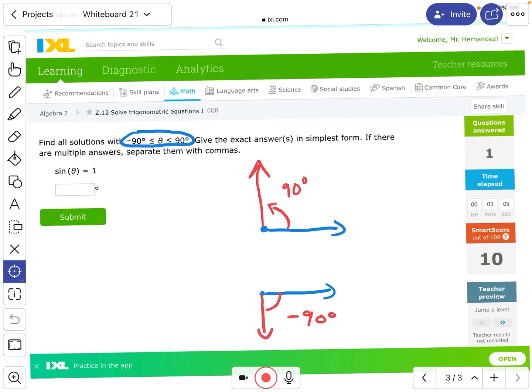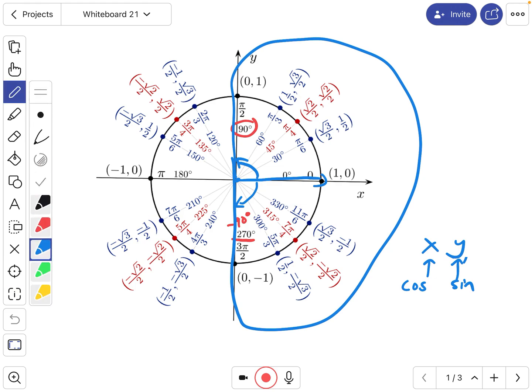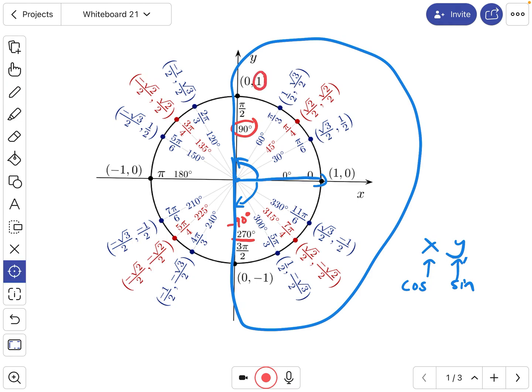And we're looking for where the sine of a degree is equal to positive 1. So here's a positive 1 for sine, and then none of these are 1. This is not the sine of 1. Sine is going to be the y values, and this sine is negative 1, so that's not what we're looking for.